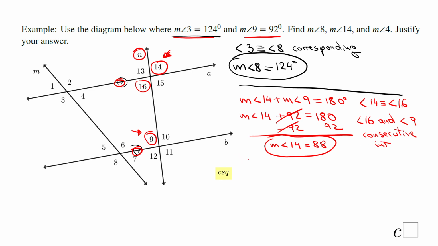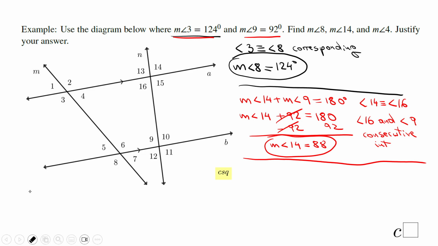Okay, now let's move to the last part of this problem, where we really have to find the measure of angle 4. So my first thing will be to erase this picture. I'll suggest you do the same thing. Too many things will confuse you.